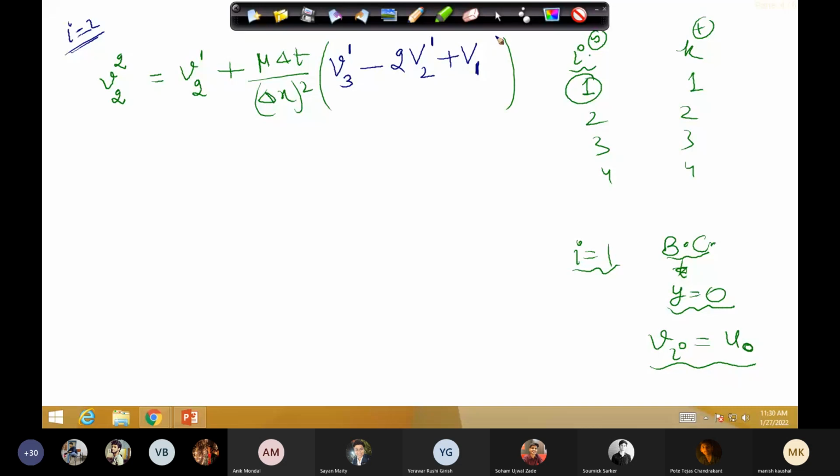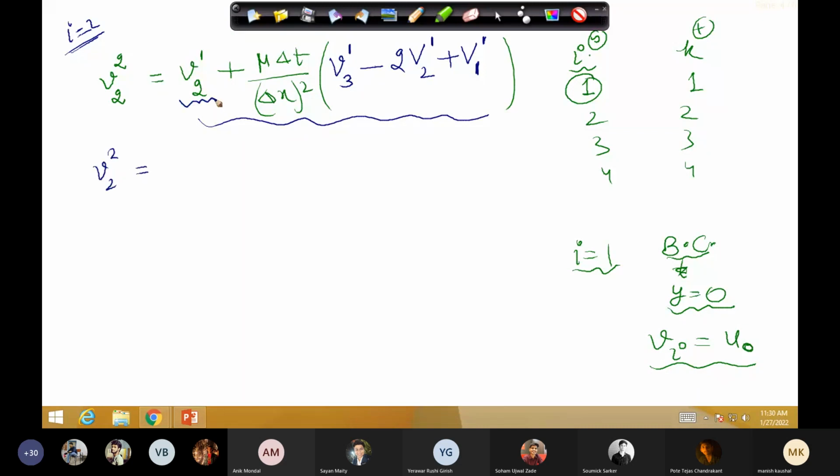I plus 1 is 3, then I is 2, and then this is 1. Perfect. This is for I equals 2 because I equals 1 is known. The right hand side is at the first time step, K is 1. So let's find out what we get for V22.